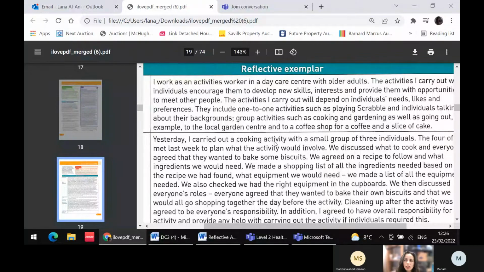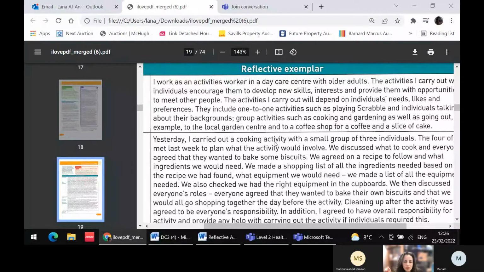Then after this activity finished, I sat down with my client who didn't want to participate in the singing, and I asked her why she didn't participate. I found out that it's a religious thing, because people in her religion do not like to sing.